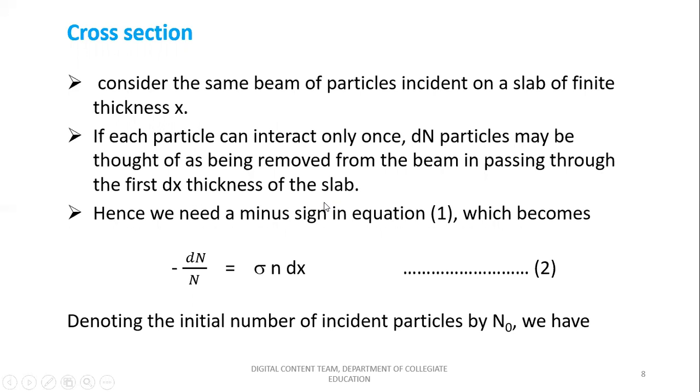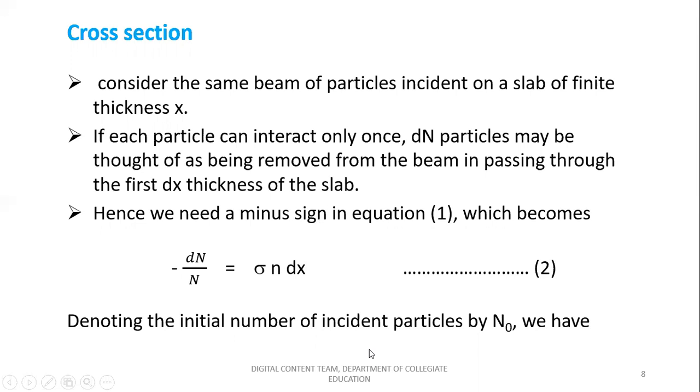When we consider dx as the thickness of the slab and dn as the number of particles interacting, those particles are removed from the incident beam, so in the previous equation we have to consider a minus sign. Since that many particles are being removed from the incident beam passing through the thickness dx, it is associated with a negative sign. So in equation 1, we write minus dn by N equals sigma n dx. Call this equation number 2.